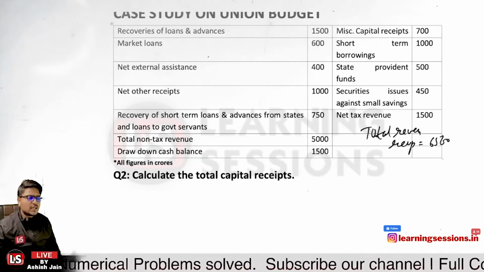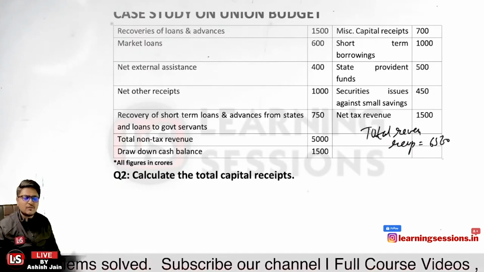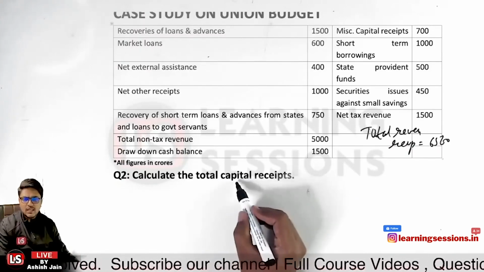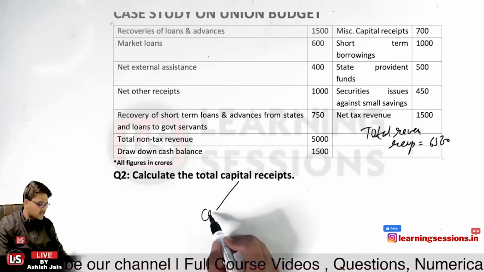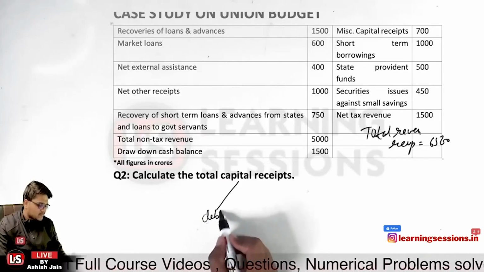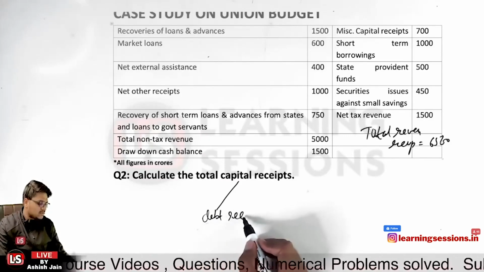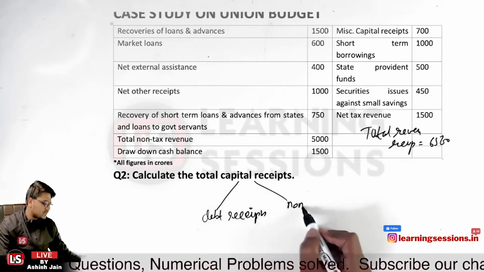In the case of the capital receipts, we have the non-debt receipts and further the debt receipts. The total capital receipts have two components, the debt receipts and the non-debt receipts.